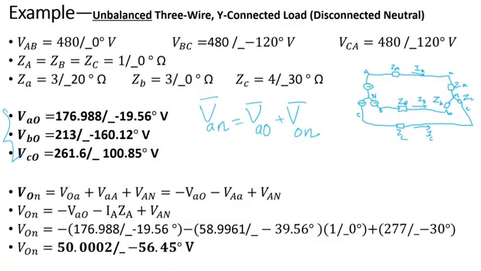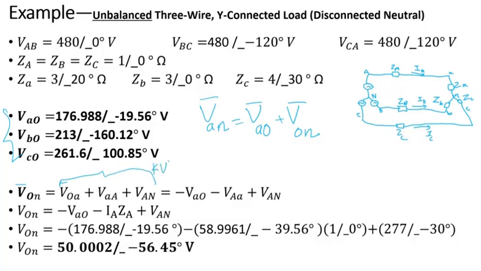But anyway, from O to the neutral, it's just VOA. So basically I'm doing KVL from here. So VON is VOA plus V lowercase a uppercase A plus VAN uppercase N. So that's what I'm doing here.